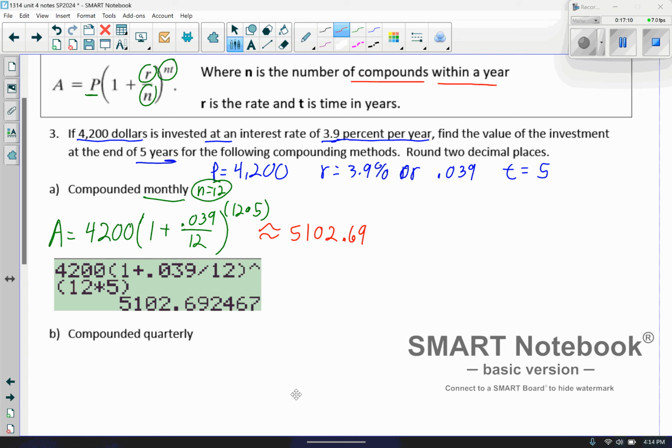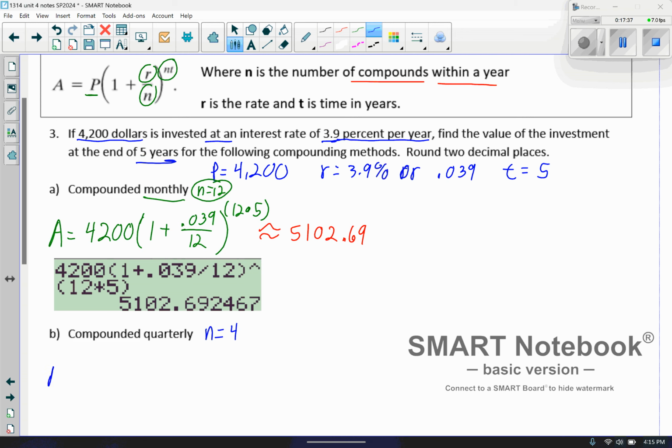Okay, so for the next one, the only difference we're going to do here is we're going to compound quarterly instead. So quarterly, there's 4 quarters in a dollar, just like that. There's going to be 4 quarters in a year. We break it into 3 months as a quarter. So we get 4 of those quarters, and so 4 times a year, you're going to compound it, which means we're going to take that money that you've earned and it becomes part of your investment.